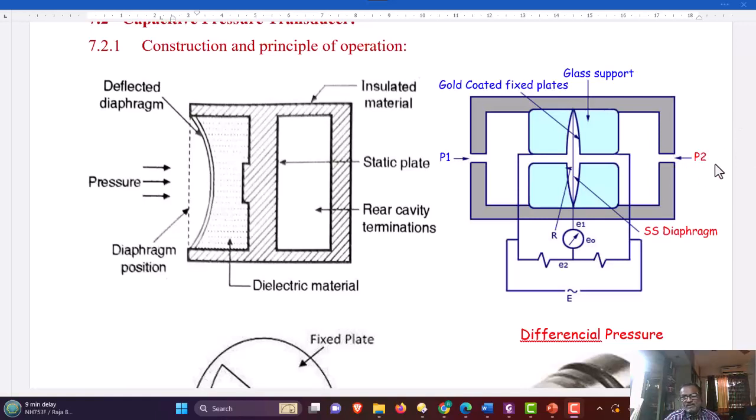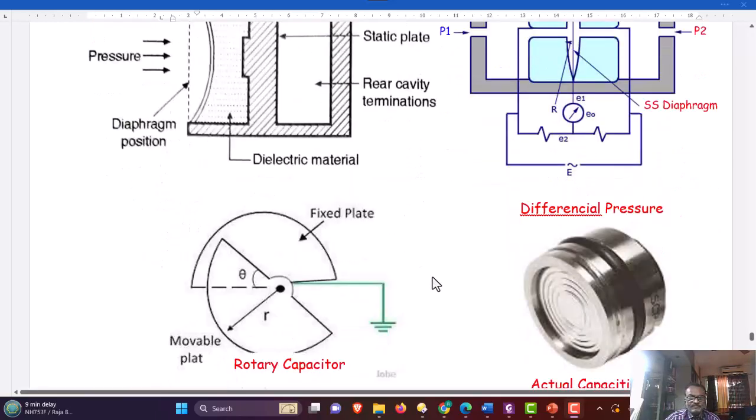Then this pressure will be the absolute pressure with respect to vacuum. In some applications, we can measure the pressure P2 with respect to another pressure P1. Then this sensor provides an output that is proportional to the difference between the two pressures.